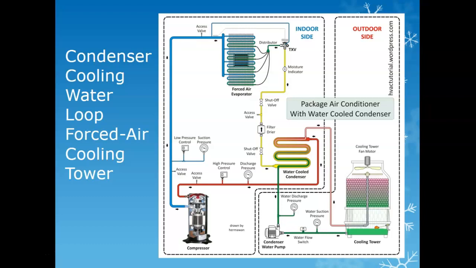It goes over the coils, absorbing the heat before it goes back to its own cooling tower where the heat is released. So instead of forced air, you're using the same principles as the other one. It's just in a closed loop system. Does that make sense?